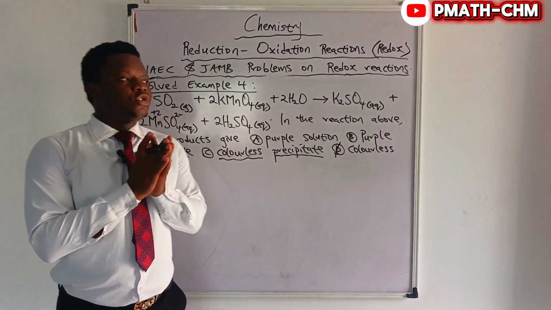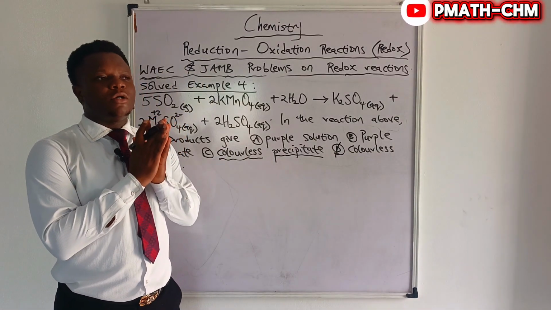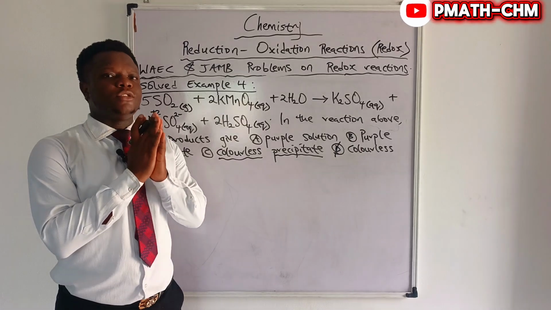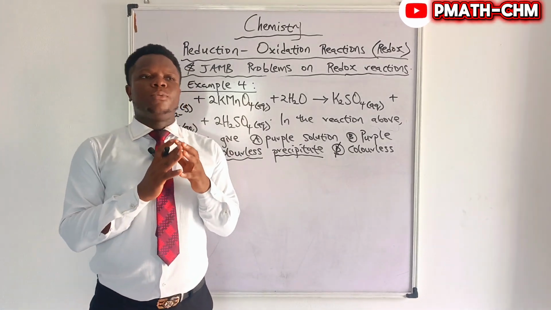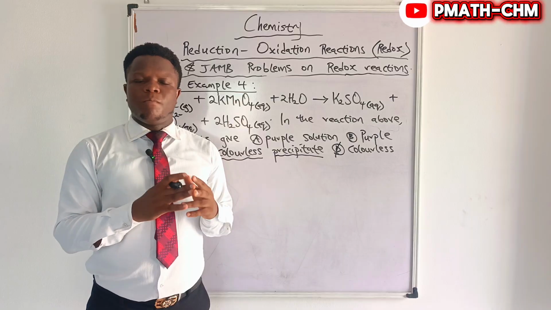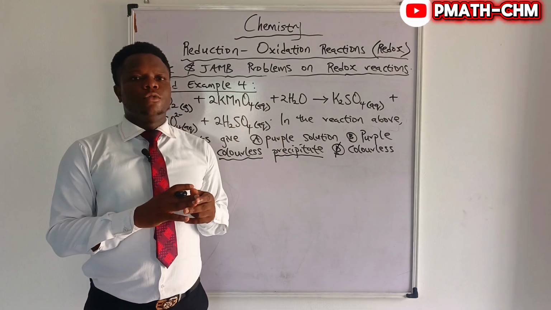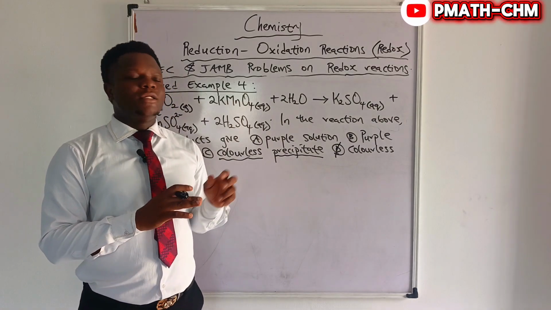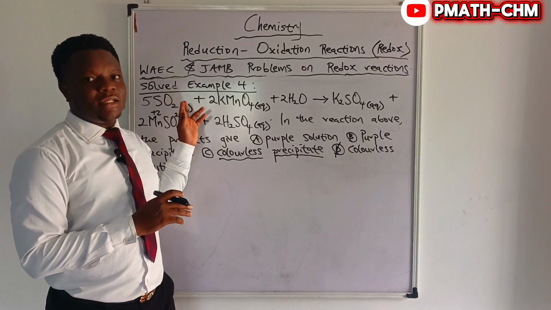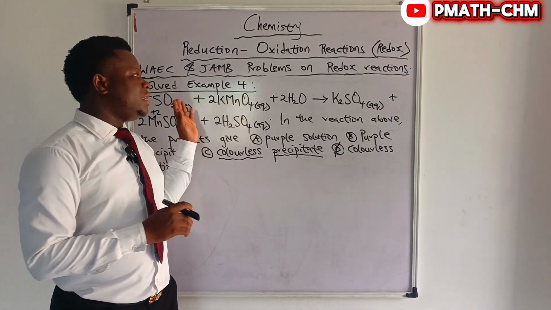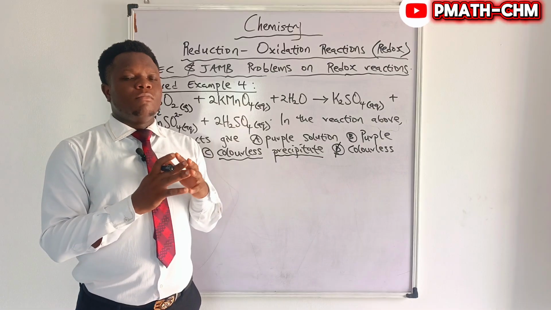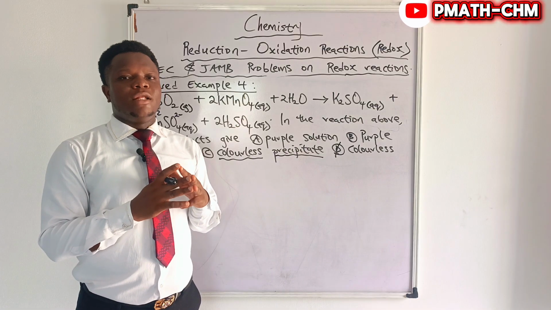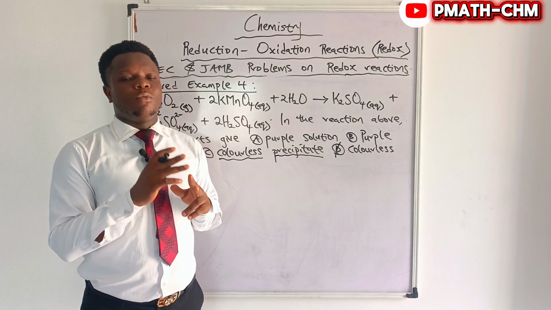And then you should know that under the subject of redox reaction, these are the types of questions you would see. 1, you would be asked to calculate the oxidation number of elements in given compounds or radicals. 2, you would be told to identify the substance that is being oxidized or reduced in a particular reaction, which I have explained how to do. 3, you would be asked to identify your oxidizing agent and what?